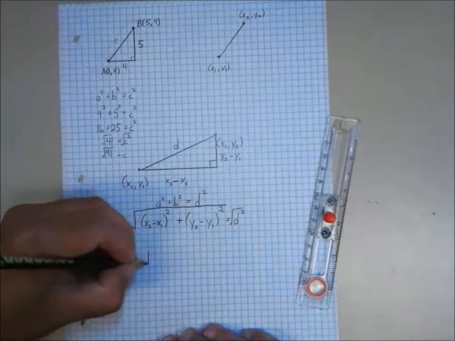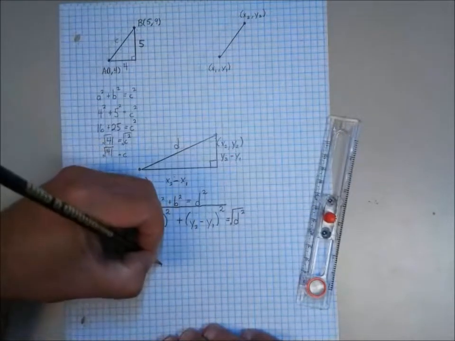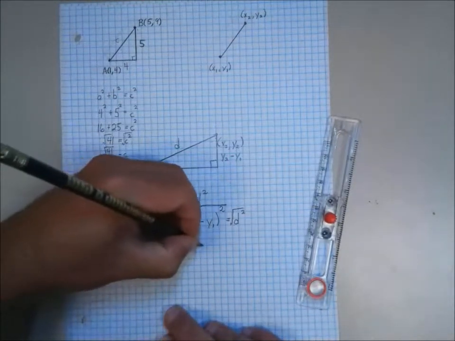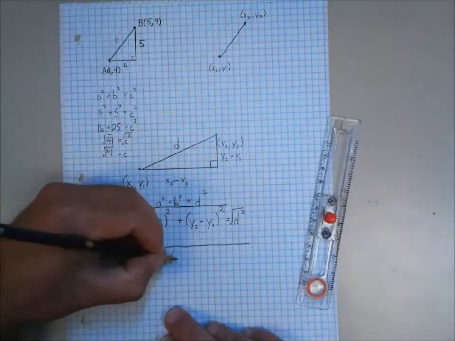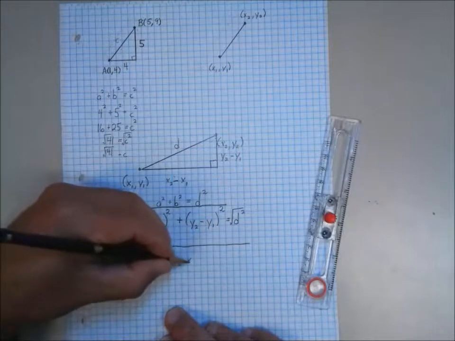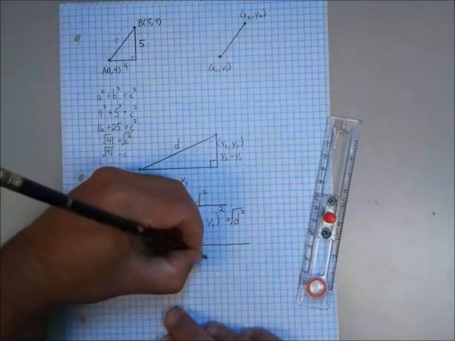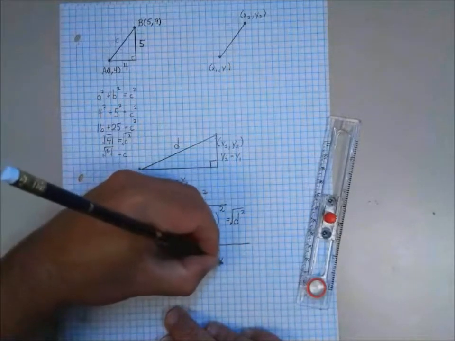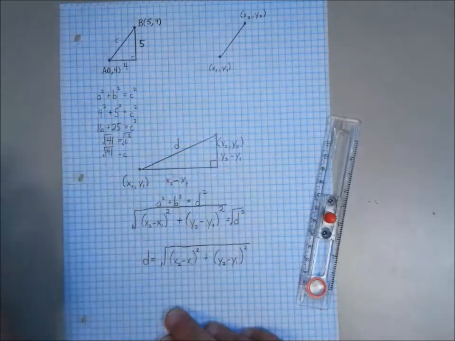So what you have is, if you switch things around, d equals this whole big thing, the square root, subtract your x's, quantity squared, plus subtract your y's, quantity squared.